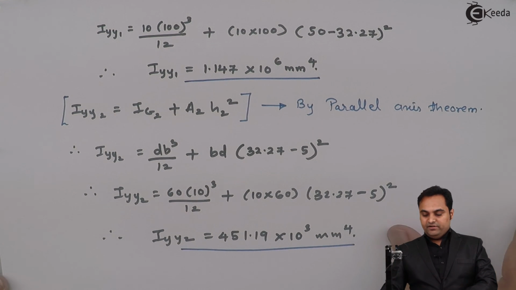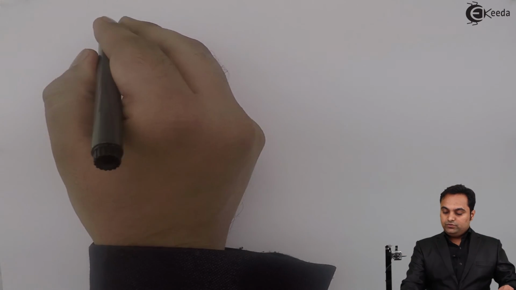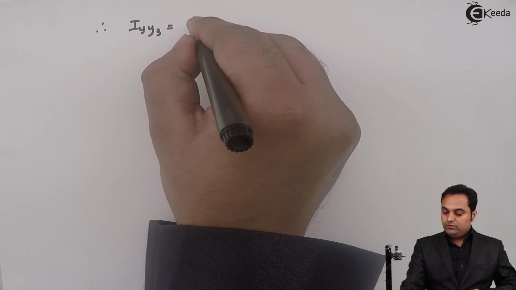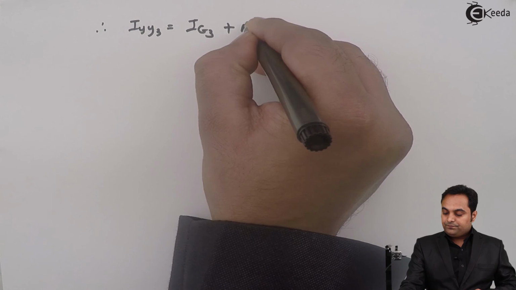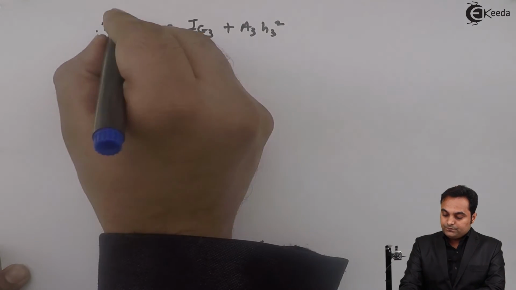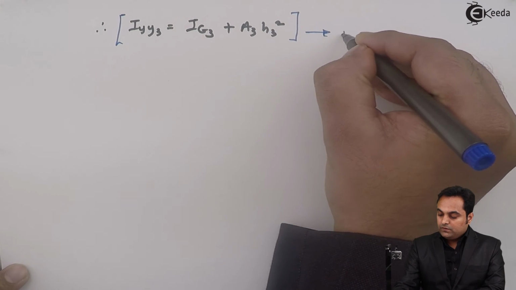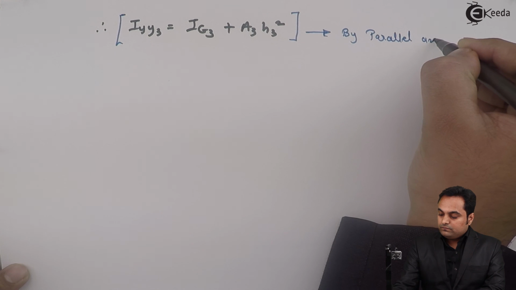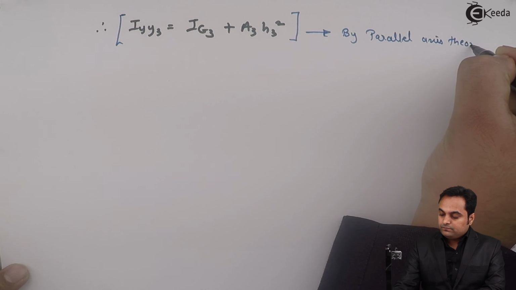Next, after getting Iyy2, similarly we can calculate Iyy3 as well. So Iyy3 is equal to IG3 plus area 3 into H3 square, again by parallel axis theorem.